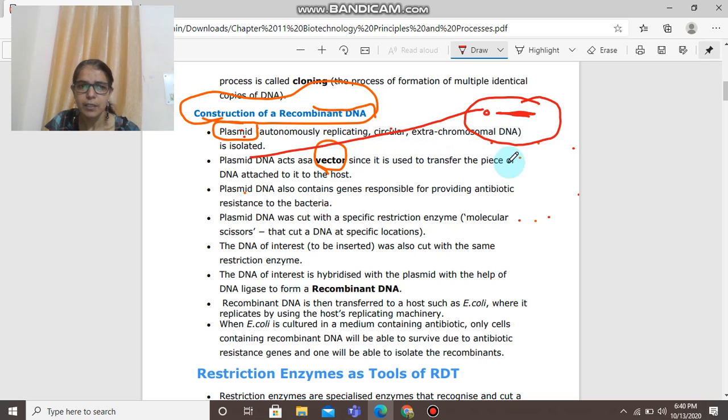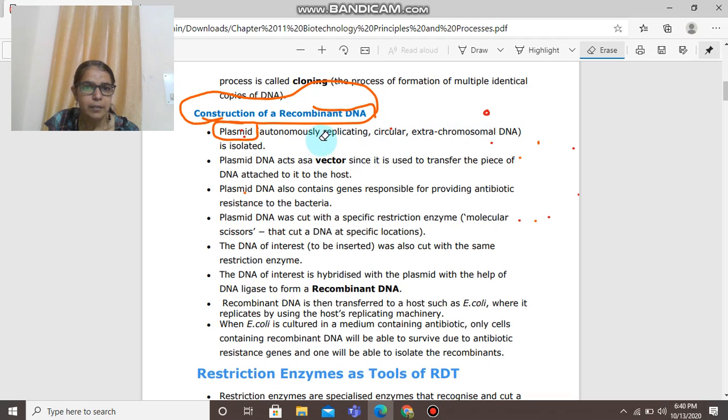As you can easily explain from this diagram, this is the ring, but it is not part of the nuclear material. It is different from the nuclear material. That's why it is known as extra nuclear ring. This is circular. Autonomously replicating means it is capable of replicating itself without the help of anything else. So this is the autonomously replicating circular extra chromosomal DNA.